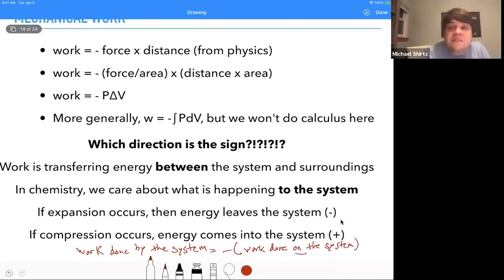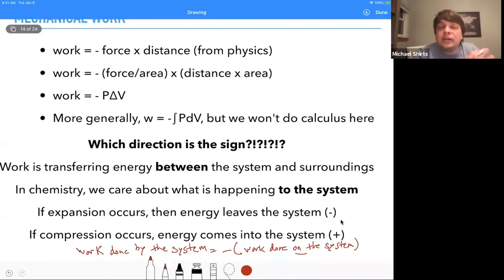A lot of times in physics, you pick the convention of understanding how much work the system can do. How much useful work can you get out of the system? In that case, you choose the positive sign convention because what you really care about is the work you get out. In chemistry, we focus on what is happening in the system, and so we pick the negative sign convention: work equals minus P delta V. You can come up with completely consistent sets of rules as long as you obey the same convention.